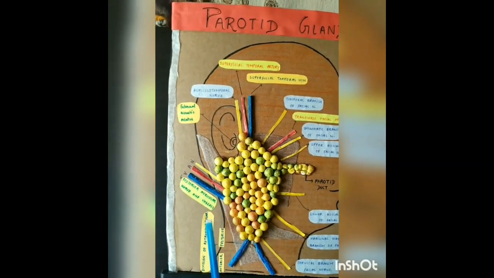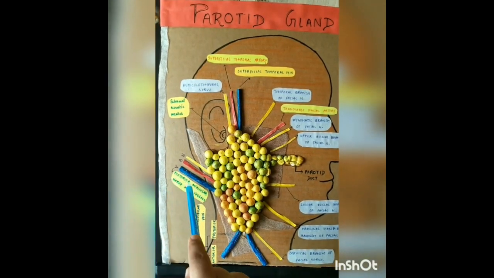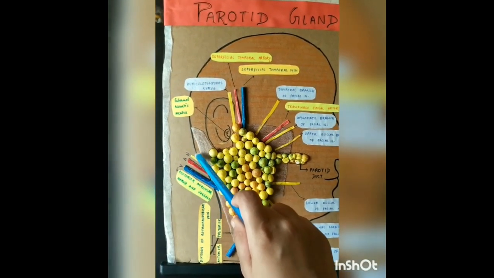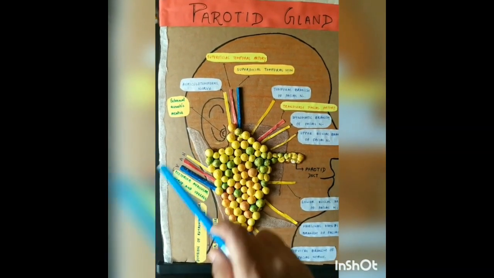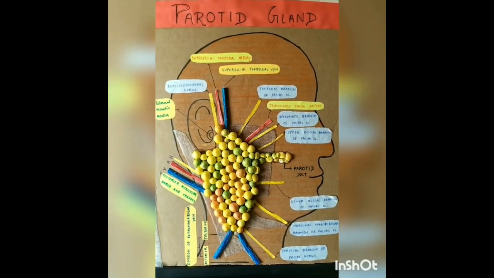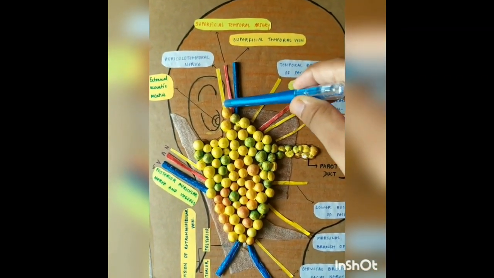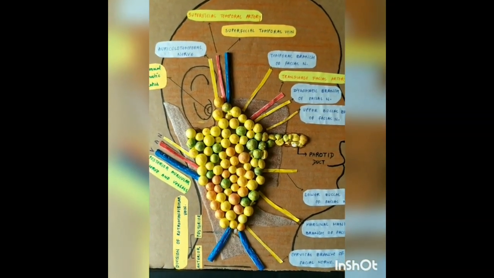Then the posterior border is related to the posterior auricular nerve and vessels in VAN order, that is first vein, then artery and then nerve. And the medial border is related to the lateral wall of the pharynx.